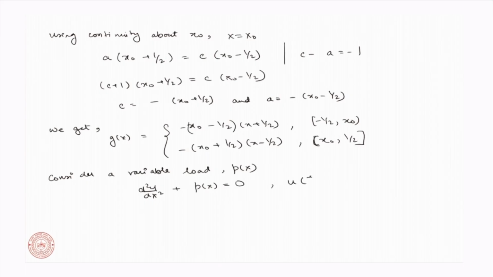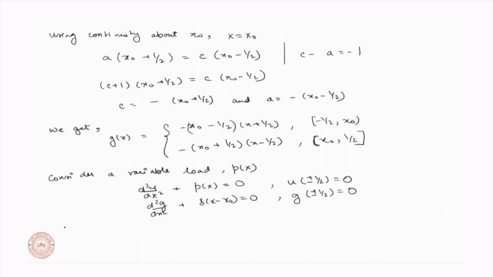Again, u at plus minus 1 half equals 0, and we want to get a solution for this using our Green's function method. Then our Green's function equation, let us write it again, d squared g by dx squared plus delta x minus x 0 equals 0. Again, g at plus minus 1 half equals 0.